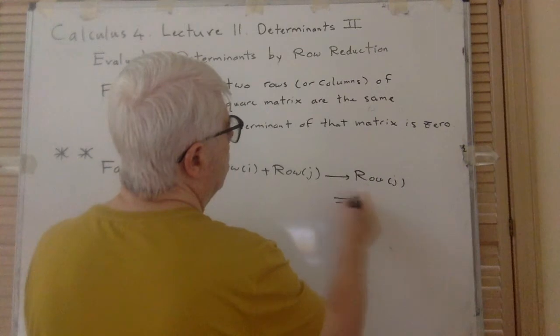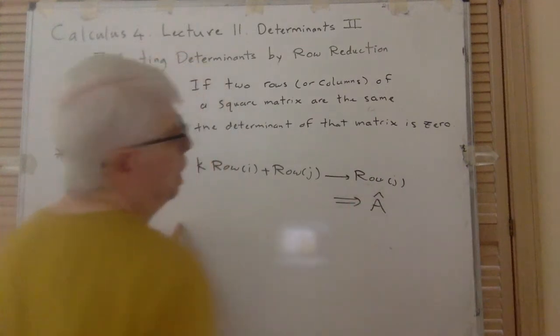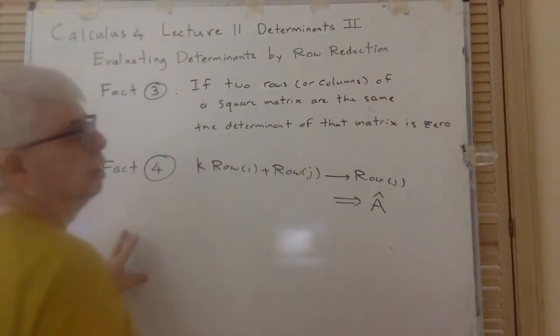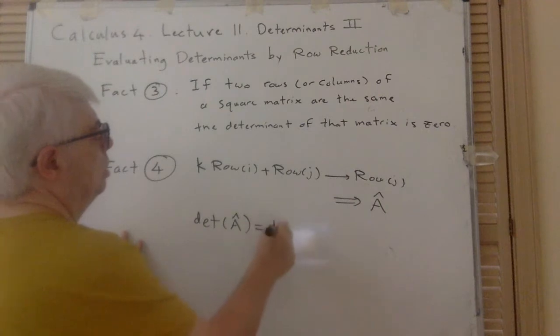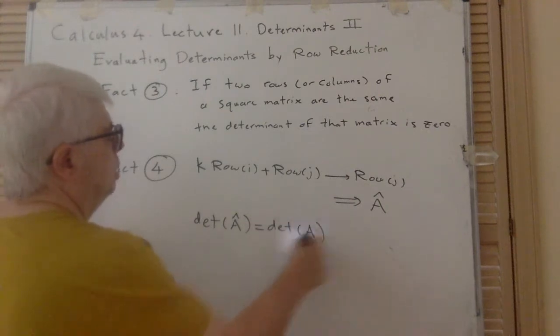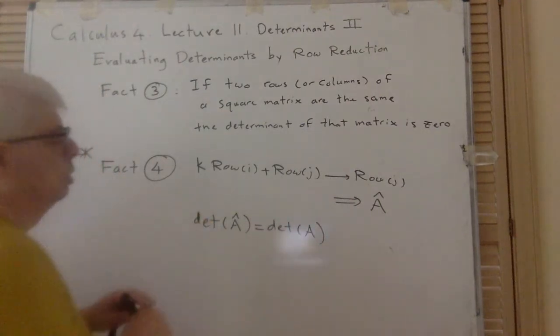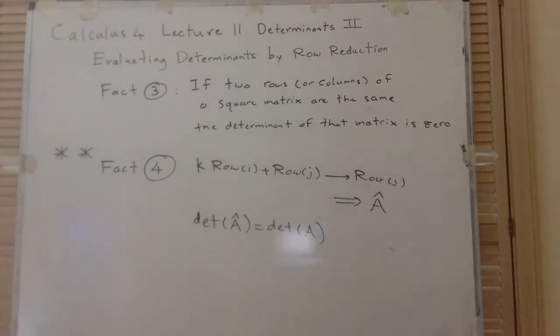This changes the matrix to A hat, and it's not surprising that the determinant of A hat is the determinant of A. This is amazing. Just this one operation, which maybe I have mentioned is the most important operation: adding a multiple of one row to another row does not change the determinant.